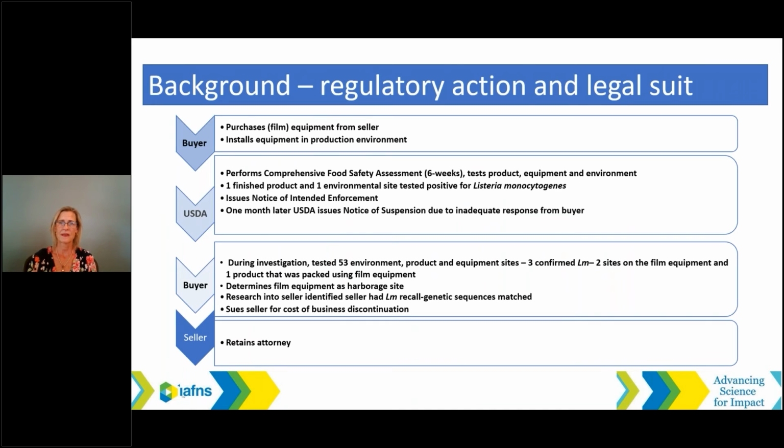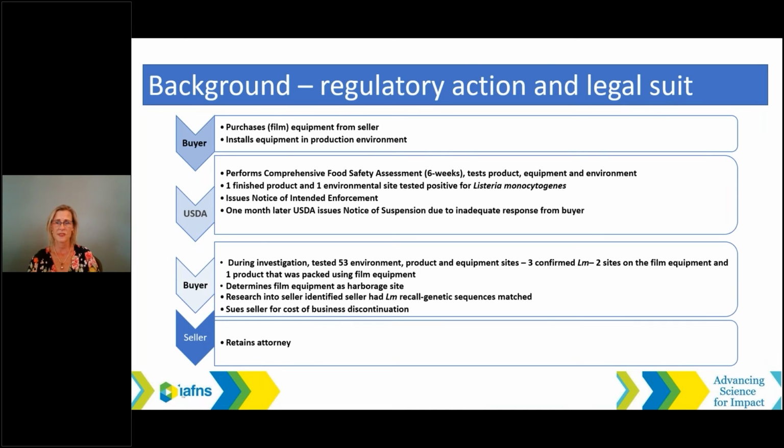Okay, so what happened in case number 2? First of all, there was a buyer, and the buyer purchased film equipment from a seller and then installed the equipment in the production environment. About 3 to 6 months after the equipment was installed, the USDA came and performed a comprehensive food safety assessment, which took about 6 weeks.